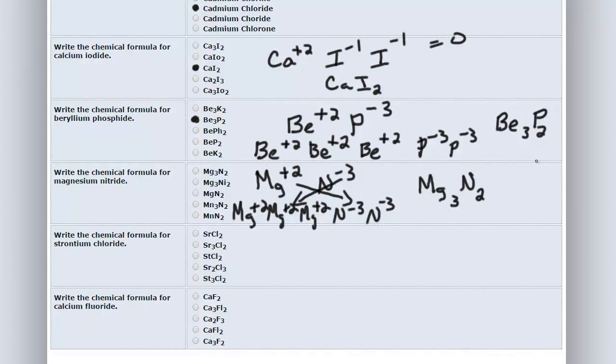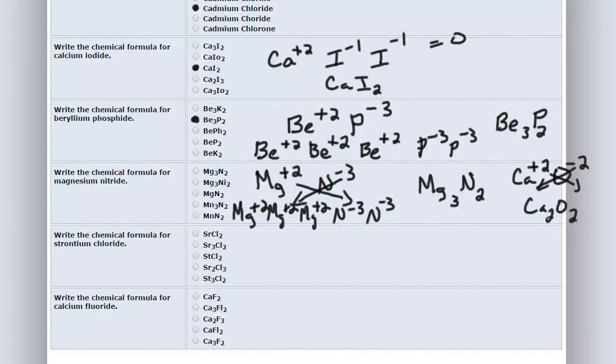But I want to caution you about some of the others, like +2 and -2 equals 0. If you had calcium oxide, with calcium at +2 and oxide at -2, and you did that little crisscross method, it would look like Ca2O2. Well, you can't do this.